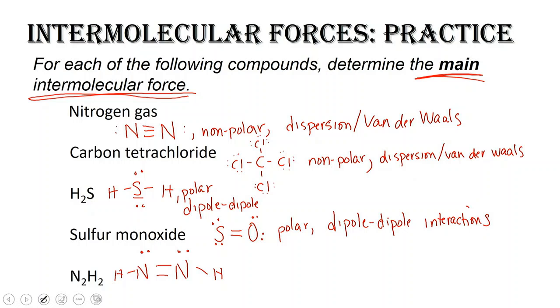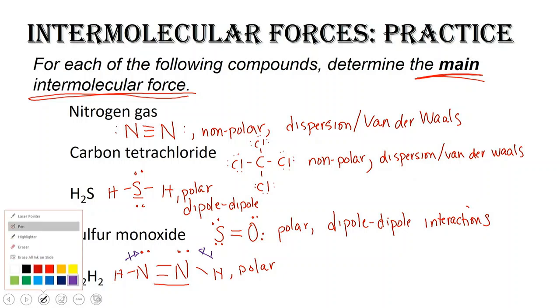So remember we said before that if it's got those lone pairs, and notice that the nitrogens are in the center and not on the outside, the polarity is going towards the nitrogens. So the molecule is polar.